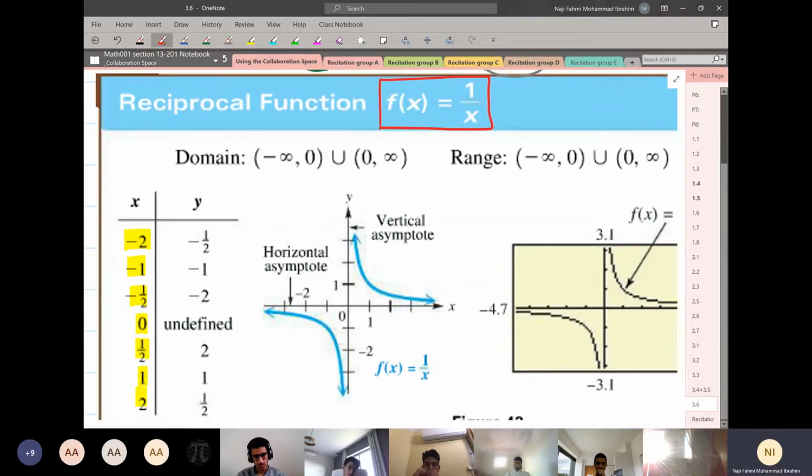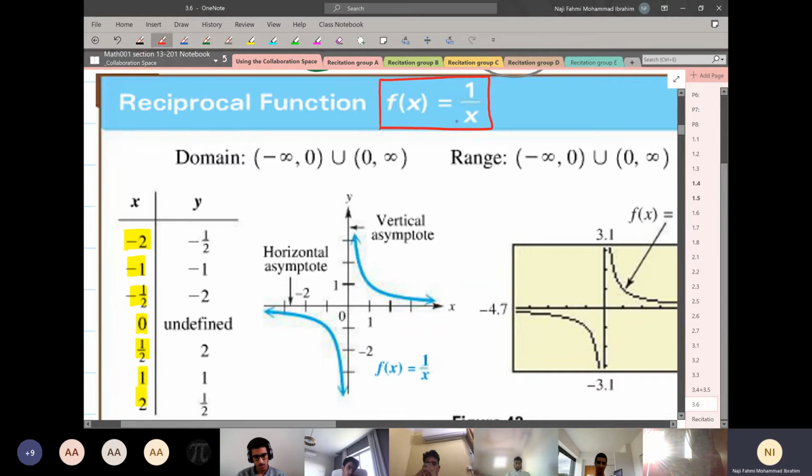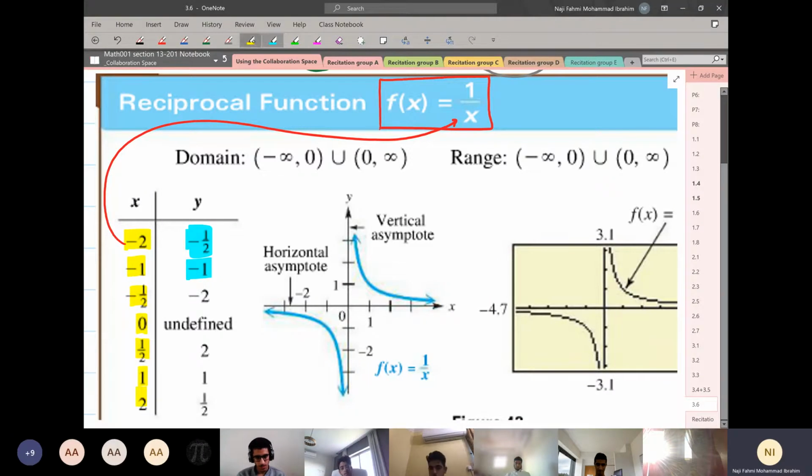If we replace x by negative 2, 1 over negative 2 is negative half. If I replace x by negative 1, 1 over negative 1 is negative 1. And the third value for x is negative half. If we replace x by negative half, we have 1 over negative half. How much is that?